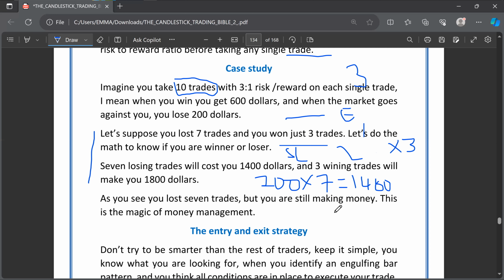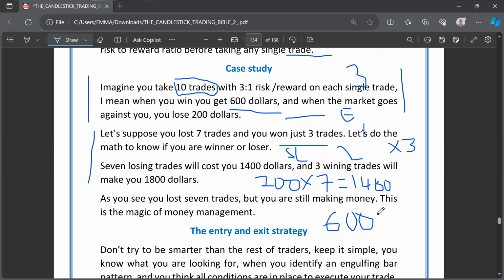If you win 1 trade, you are gaining 600. If you remember, it was stated here, 600. If you win, you are getting 600 per trade, because your risk to reward ratio for a single trade is 3:1. If you are losing, it's 200.